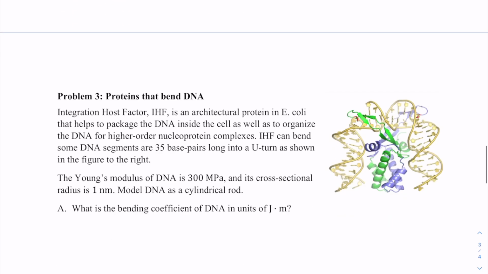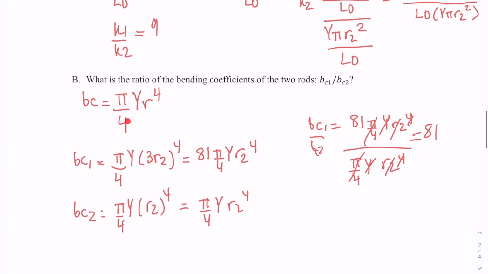If we have a larger Young's modulus, we'll have a larger bending coefficient, and the bending coefficient is another description of how stiff an object or a rod is. So bending coefficient, Young's modulus, and spring constant are all measurements or values that describe stiffness of an object. Young's modulus is the deep down underlying property that defines stiffness, and spring constant and bending coefficient are more overarching concepts that define stiffness.